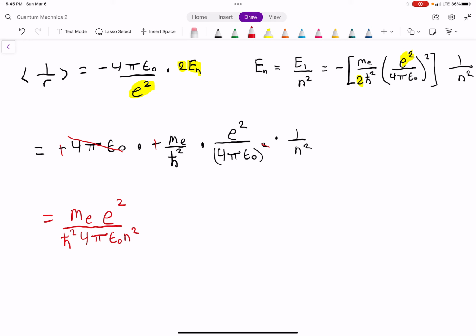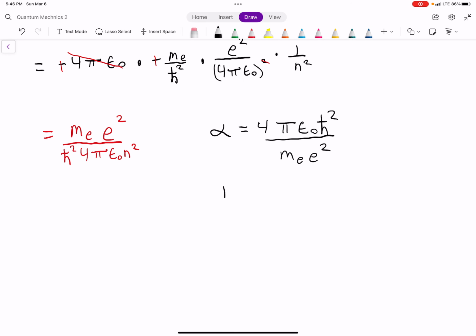And there's this term called alpha, which is defined as 4 pi epsilon naught h bar squared over m e squared. So alpha is just this collection of constants, because these are all just constants.